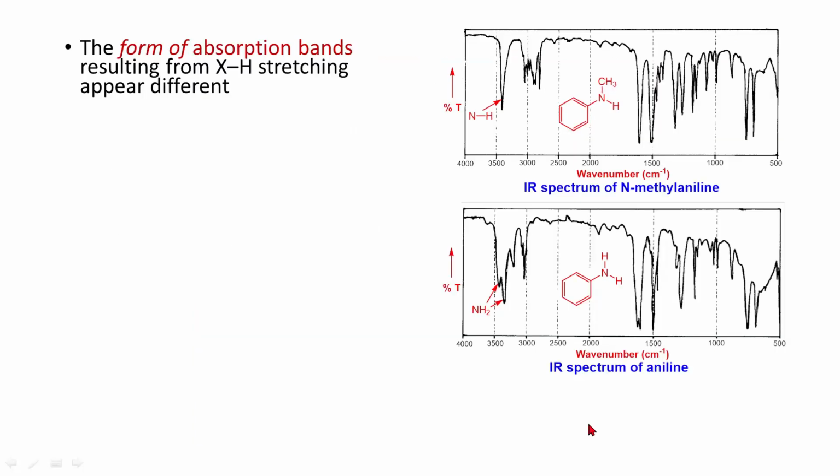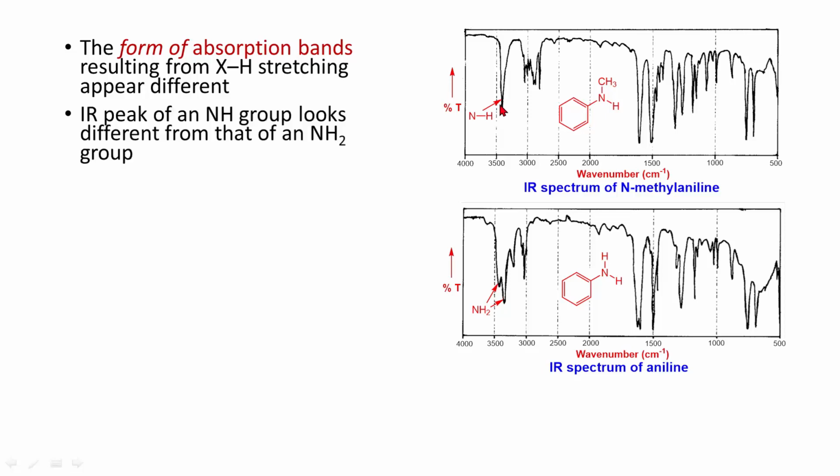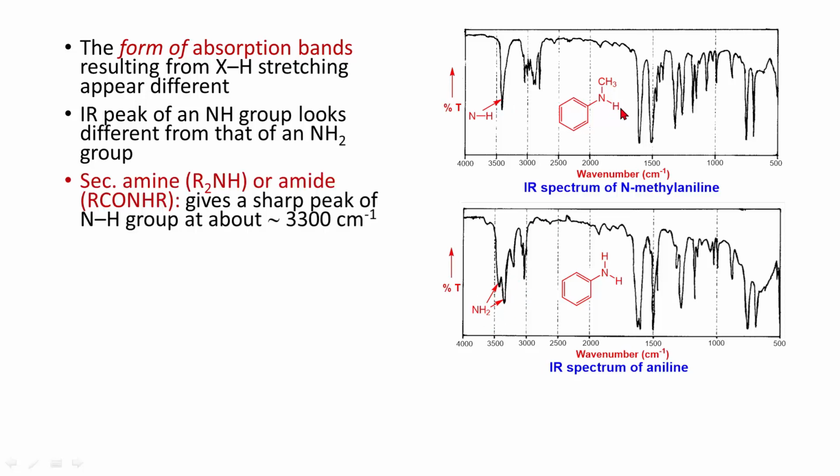The form of absorption band resulting from XH stretching appears different. The peak of an NH group looks different from that of an NH2 group. Secondary amine and amides give a sharp peak of NH bond at about 3300 centimeter inverse.